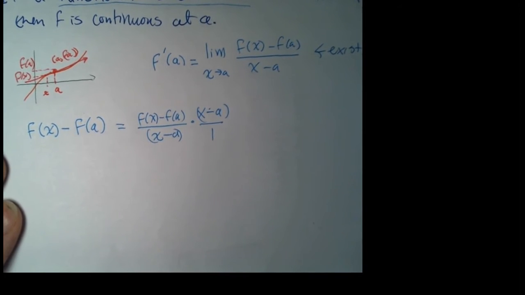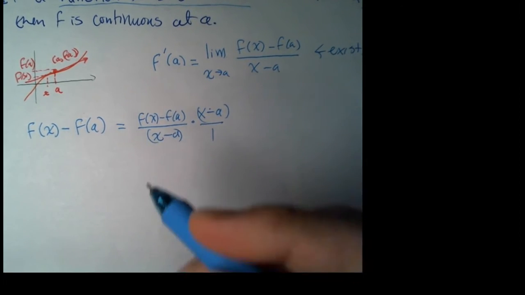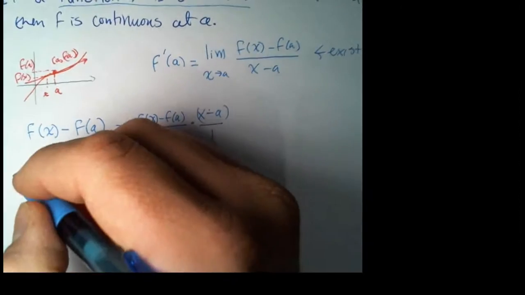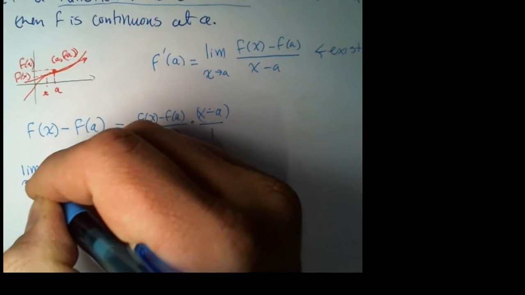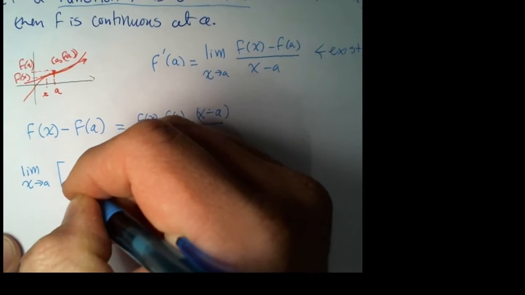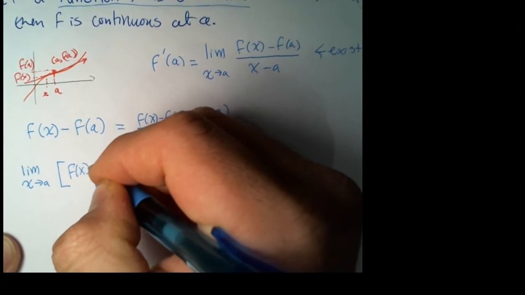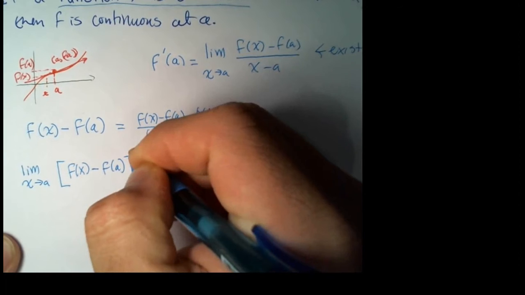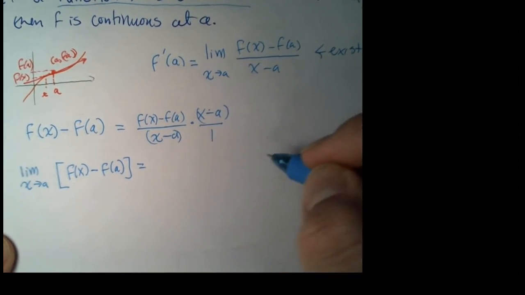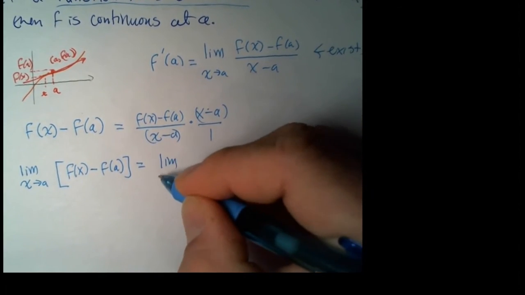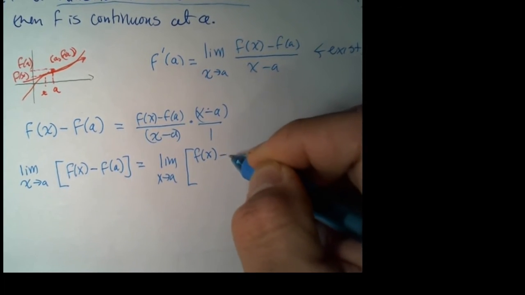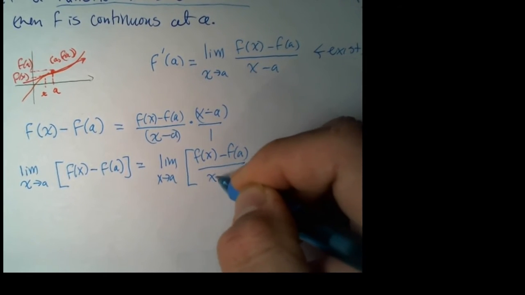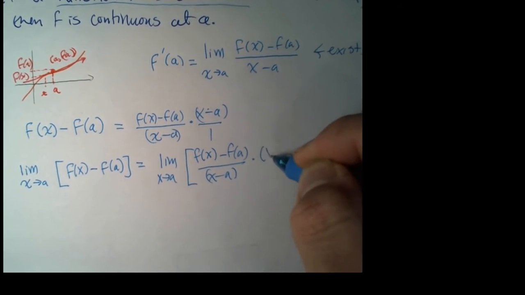Now if I take the limit of this equation as x approaches a, we get this here, f of x minus f of a over x minus a, times x minus a, over 1.